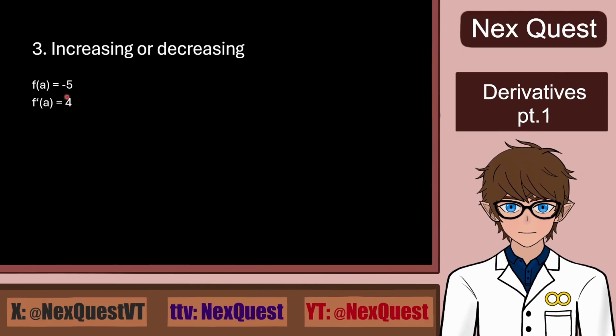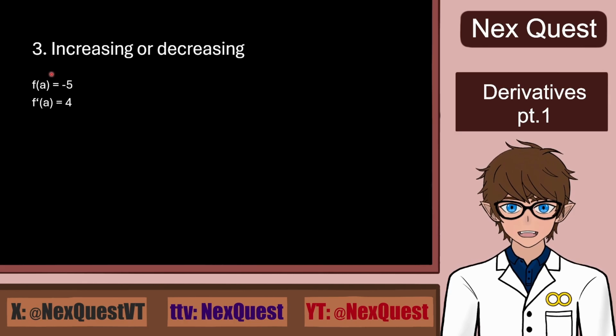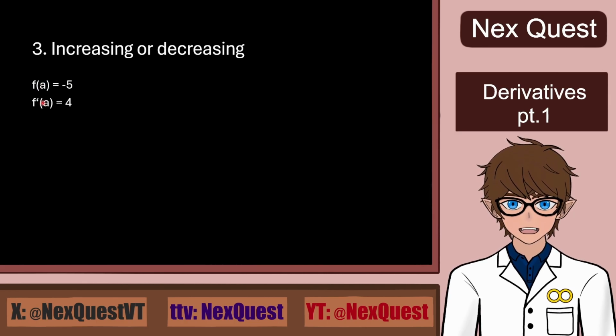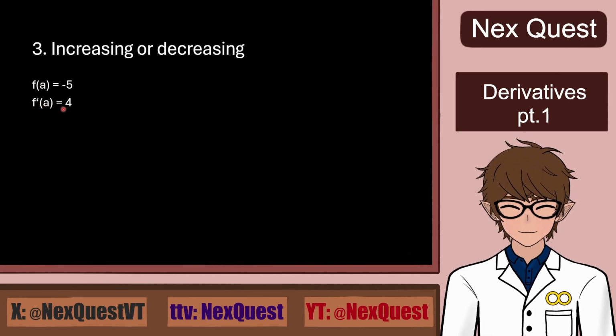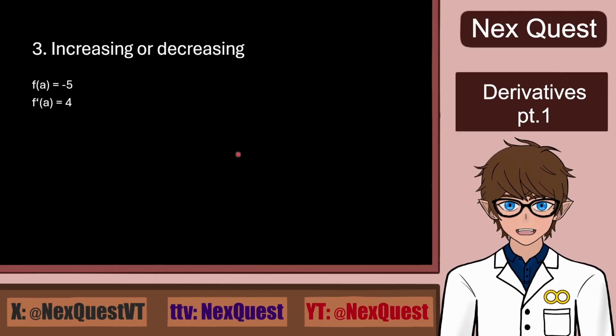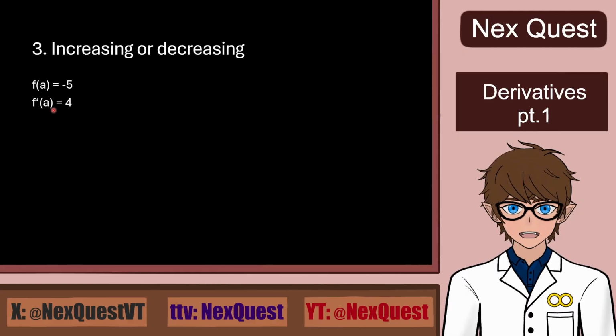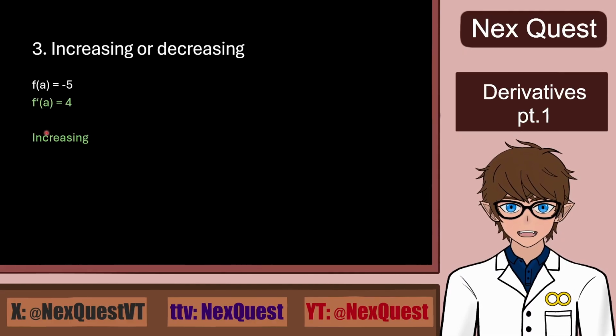So what does this tell us about the function? We know that it's negative at the current a value, and the derivative, aka the slope, is positive, meaning that the value is increasing and it's under the x-axis. But it's only important if it's increasing, not where it is. So the answer is increasing.